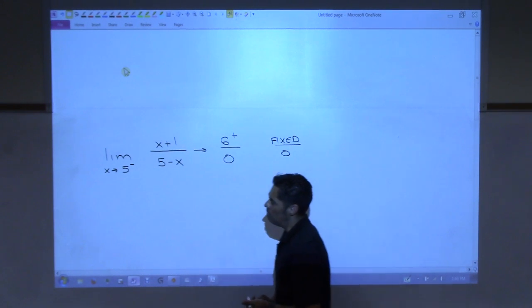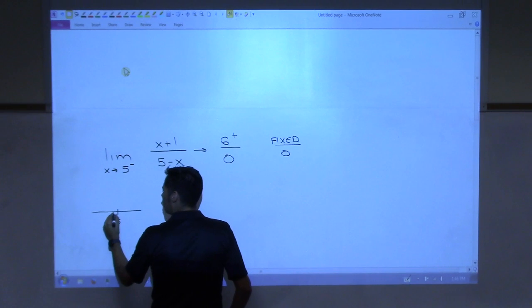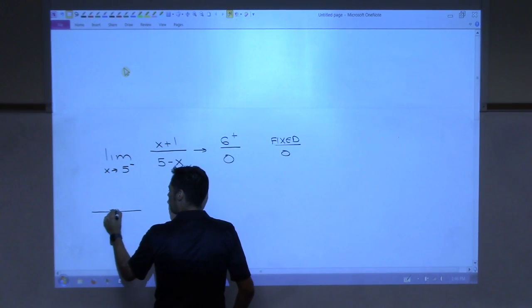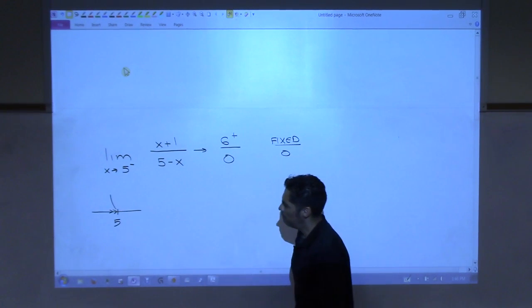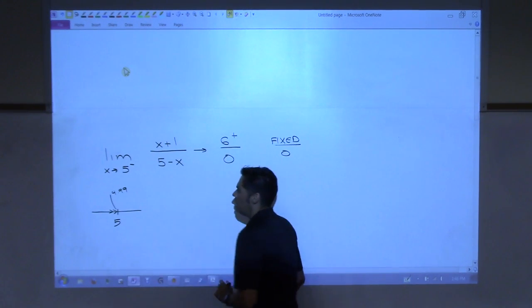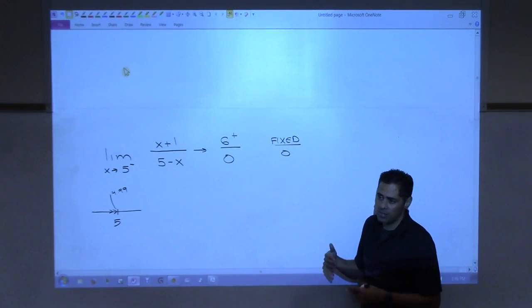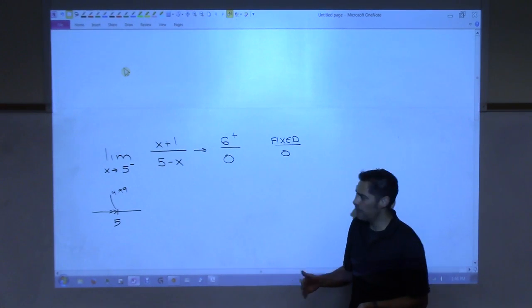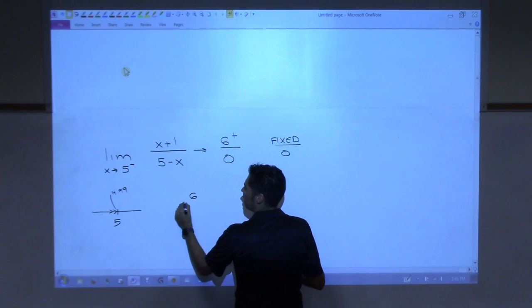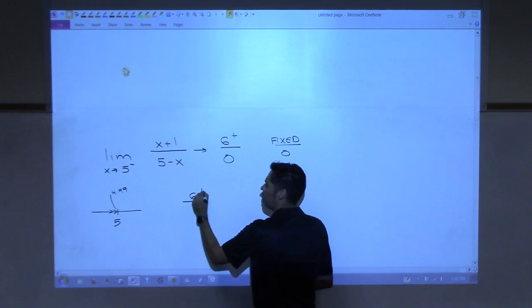So I draw a number line. Here's 5. I approach 5 from the left this time. So give me a number over here: 4.99. And now if you take that 4.99 and you plug it into the numerator, you'll get a number that's still really close to 6. It's actually 5.99, but it's still positive. That's all I care about.